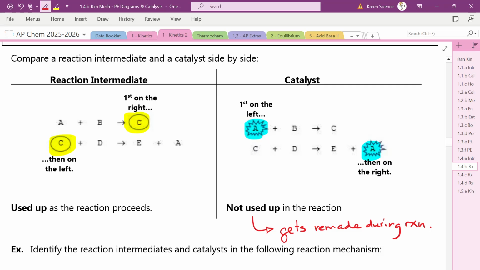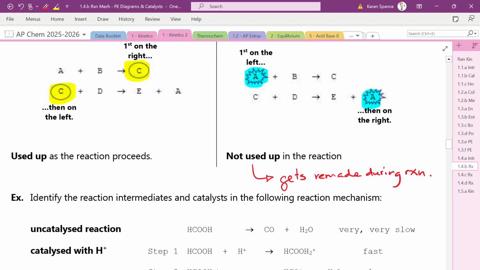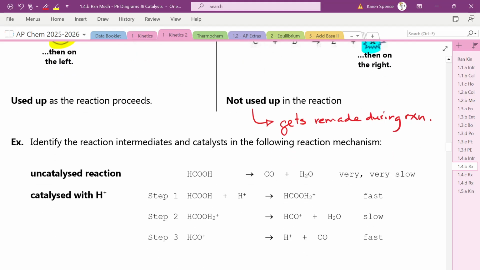If you're in biology, you can have enzymes, which are catalysts, which are proteins, and they've got structures that will grab onto substrate A and substrate B, and go plonk and bring them together. So they won't change phases. Don't worry about the phases with the catalyst, not yet anyway. We might talk about that later, but don't worry about it yet.